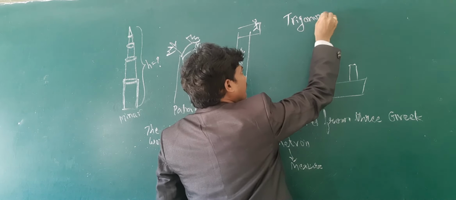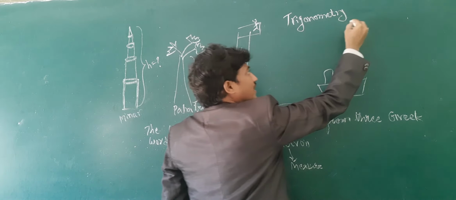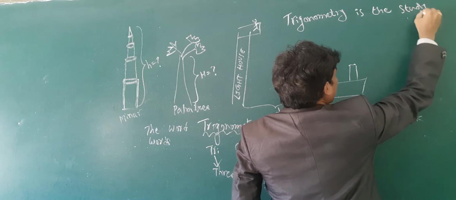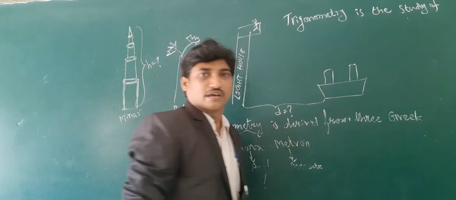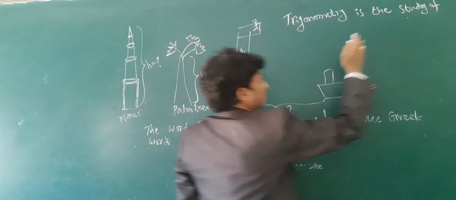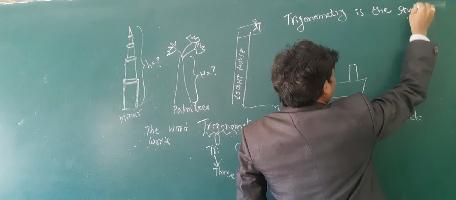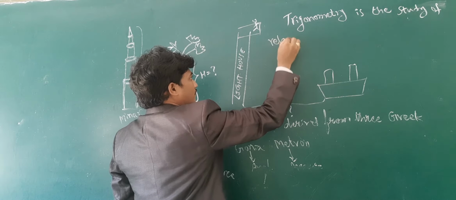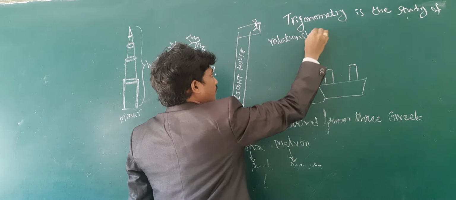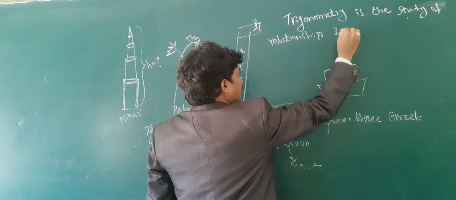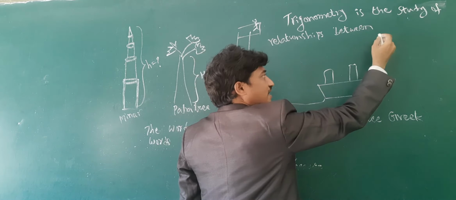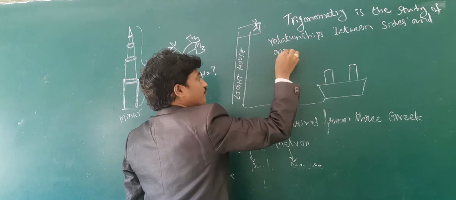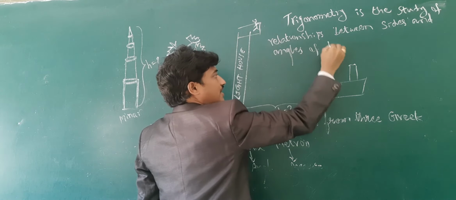Trigonometry is the study of relationships between sides and angles of triangles.